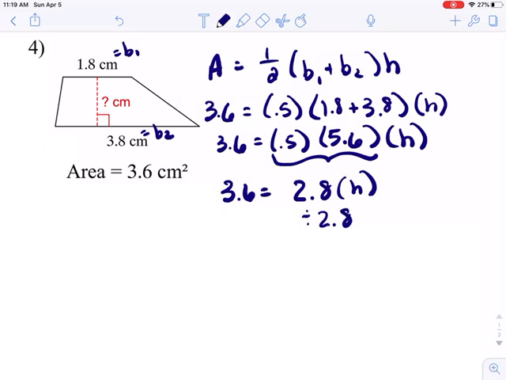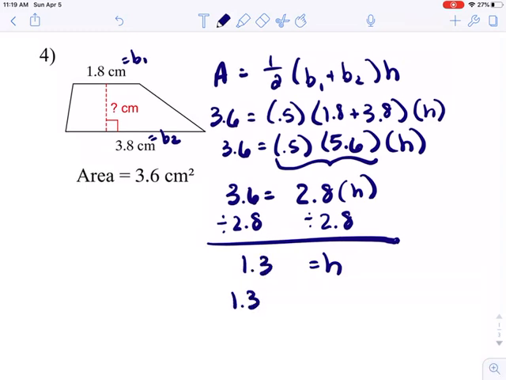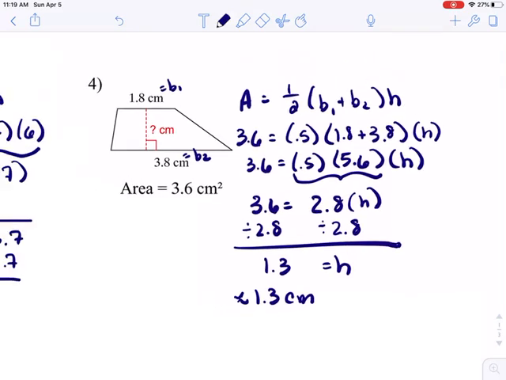I divide by 2.8 on both sides to solve and to find out what the value of my height is. And 3.6 divided by 2.8 is approximately 1.3 when I round it. So 1.3 centimeters, approximately that.